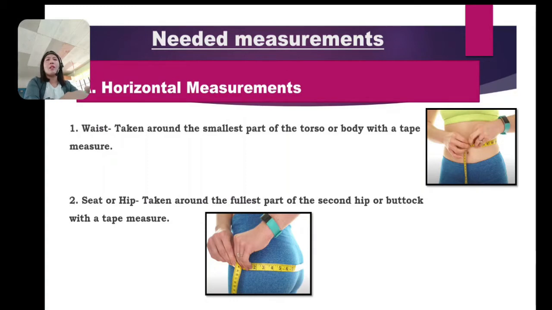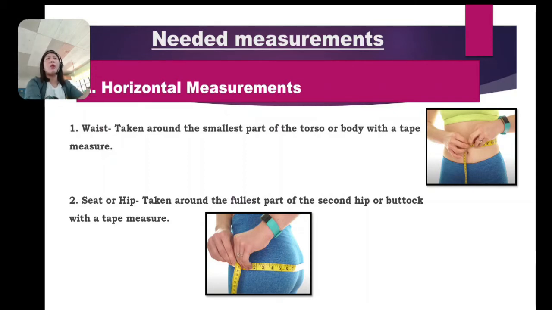Second is seat or your hips. It is taken around the fullest part of the second hip or buttocks with a tape measure. So as you can see on the picture, that is how you're going to measure your seat or hip measurements.